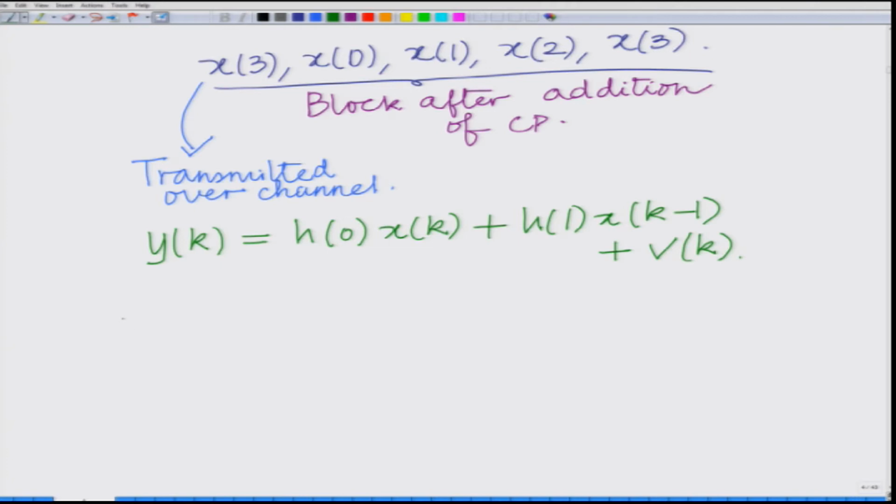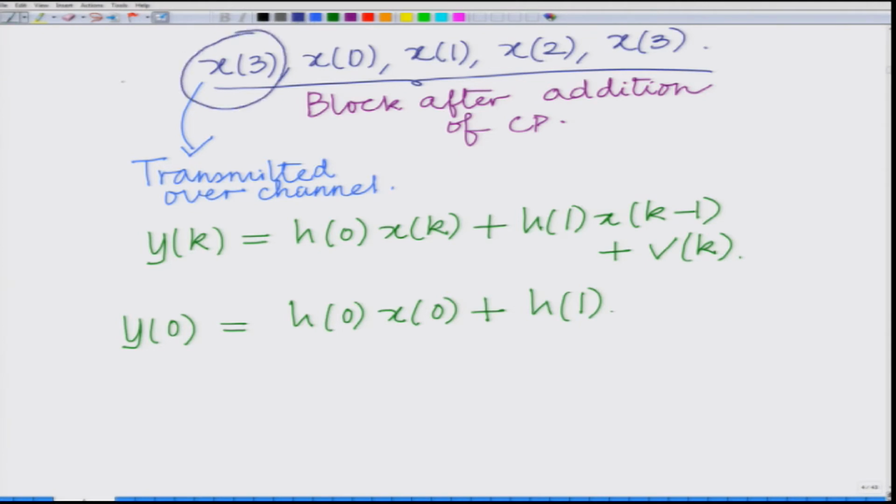Now, if you look at the symbol y0, we have y0 equals h0 x0 plus h1 times the previous symbol, but the previous symbol you can see is x3 because of the addition of the cyclic prefix. X3 becomes the previous symbol of x0.